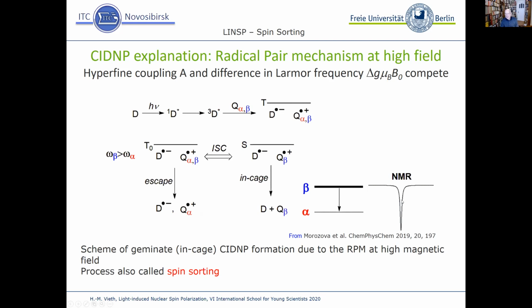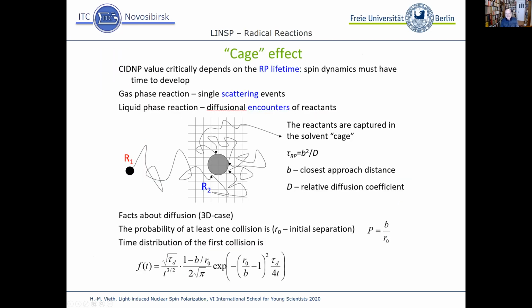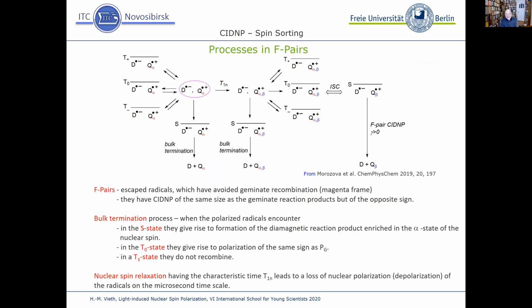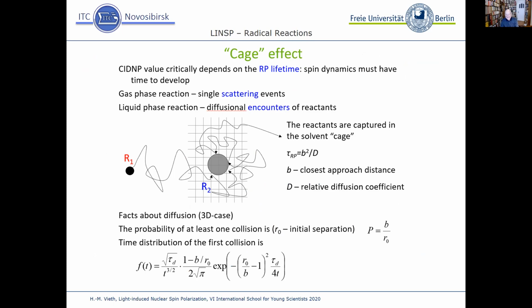In your NMR spectrum, you see the molecules with your beta spins, and only on a slower pace, those show up with the alpha spins. So in the reaction rate, we come to that later, we see the molecules first with the alpha spins.